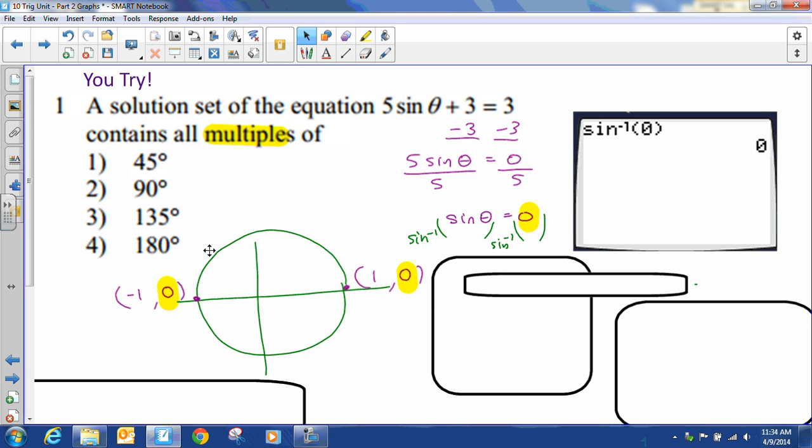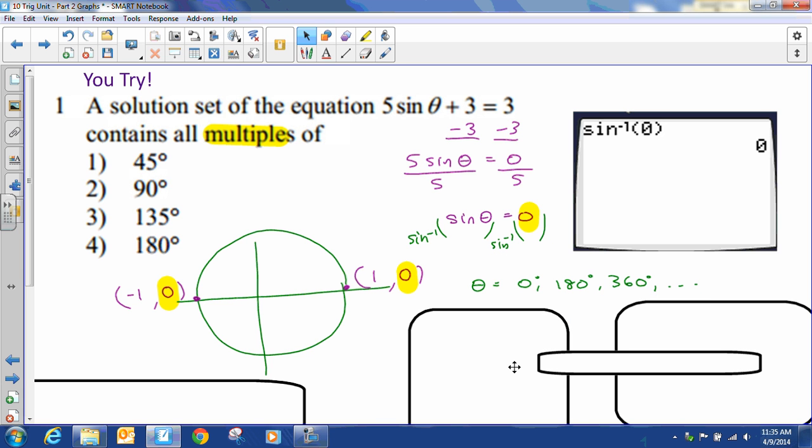So we know that the answer is 0 degrees, 180, 360, so on and so forth. Okay, but the question is, which one of these contains all multiples of? The answer must be number 4.